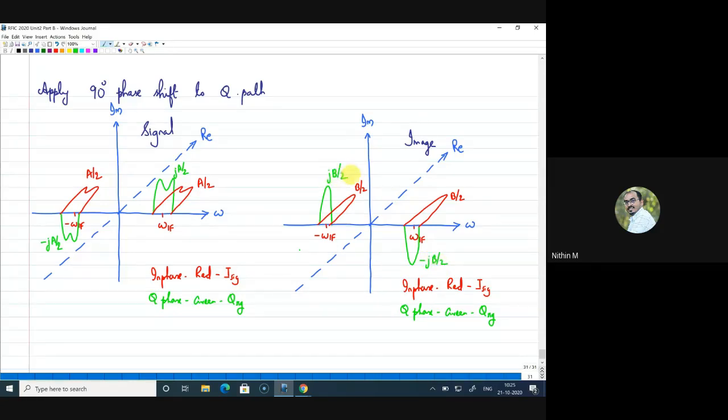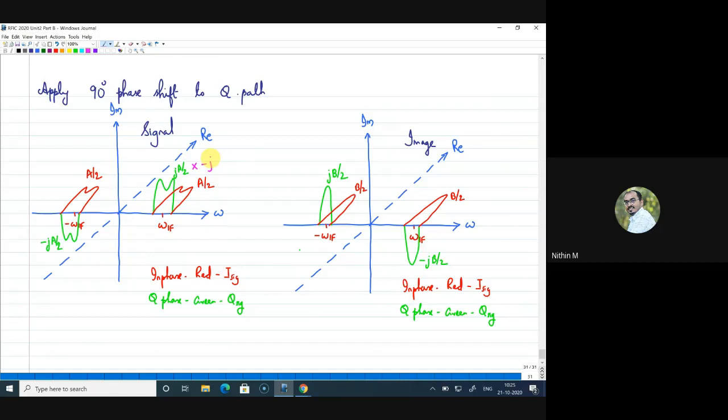Right. Now, since I'm going to perform one more operation on the same diagram, I'm just using a new color here. Since I need to do a 90-degree phase shift to the Q path, which you are seeing in green, I have to multiply that component with minus j.